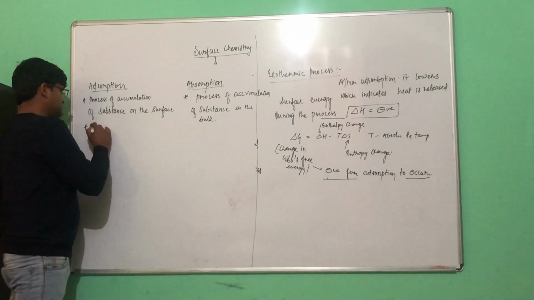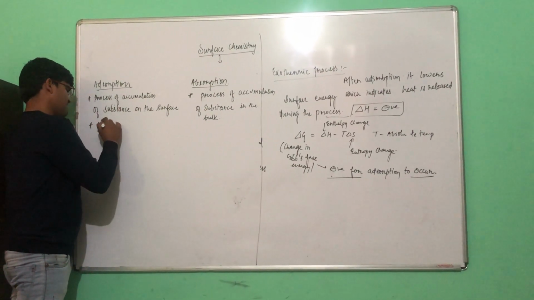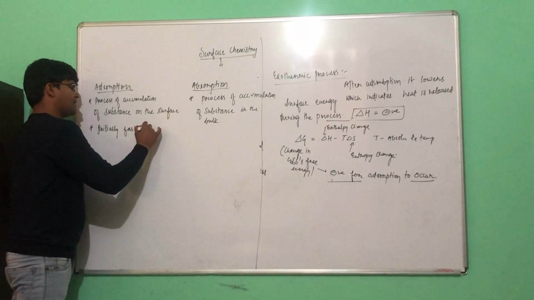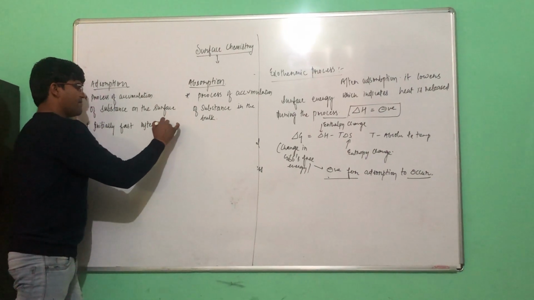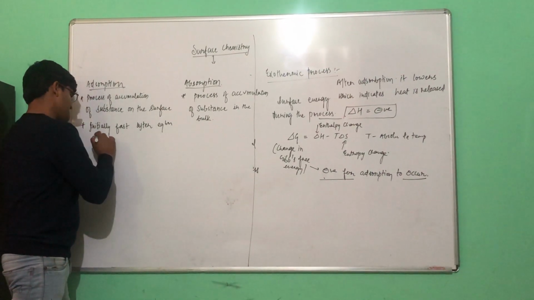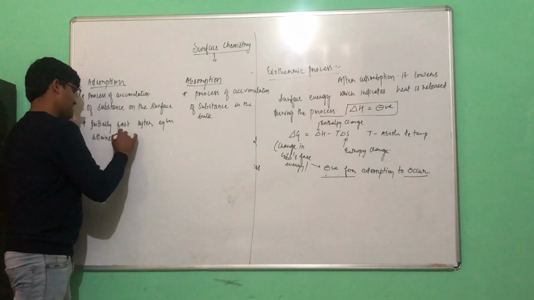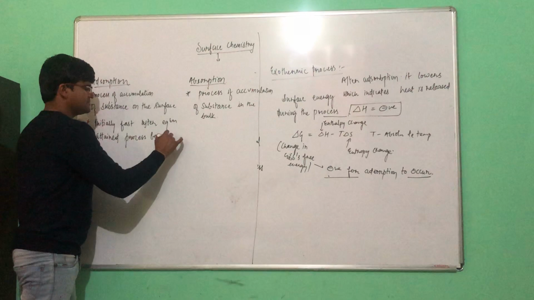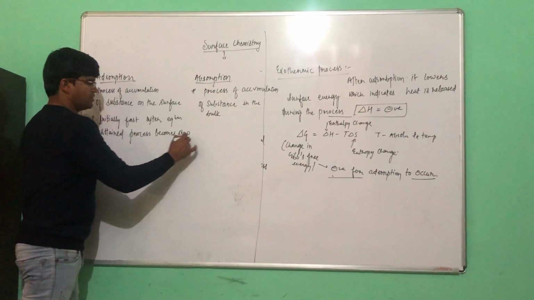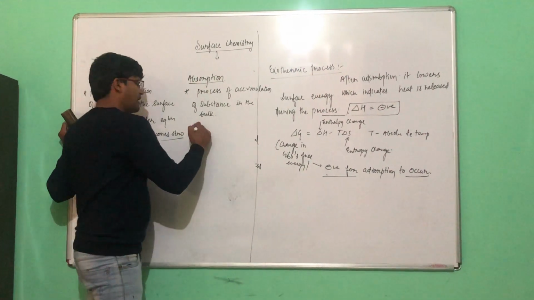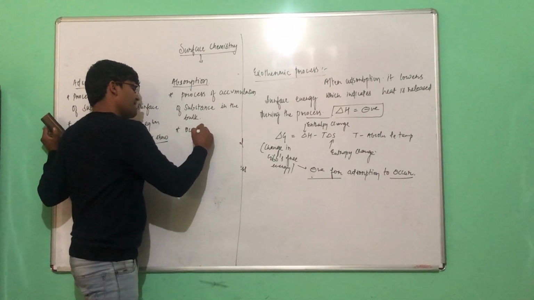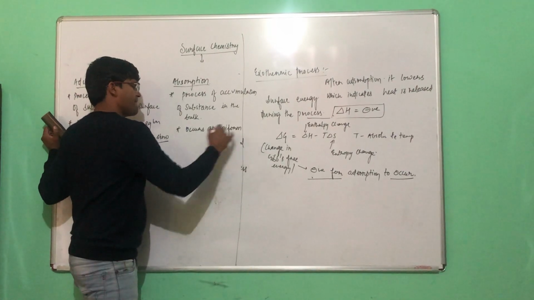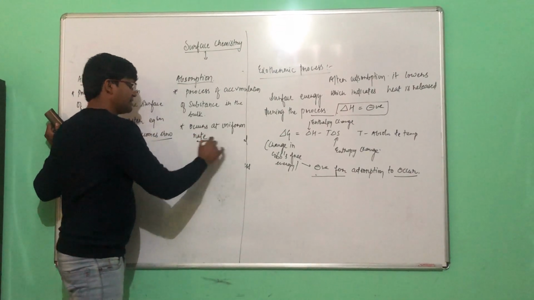Adsorption, initially, is a fast process. After equilibrium is attained, the process becomes slow, and absorption occurs at a uniform rate.